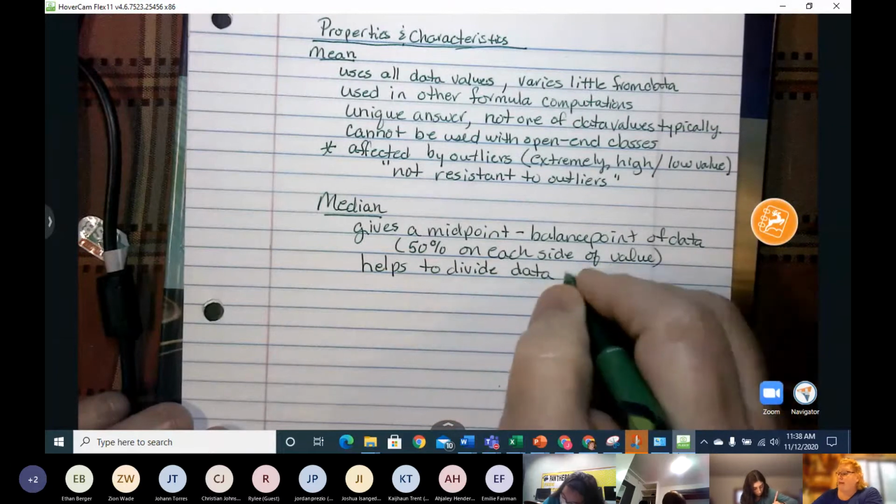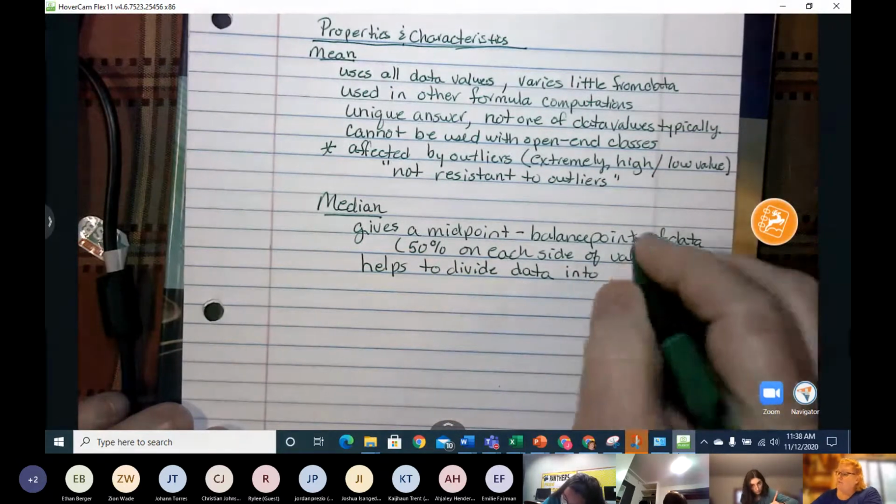It helps to divide the data into upper and lower halves.